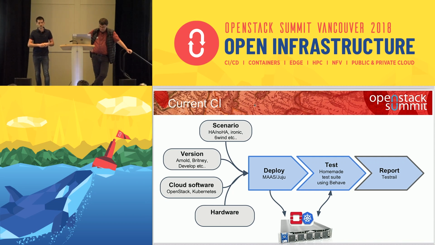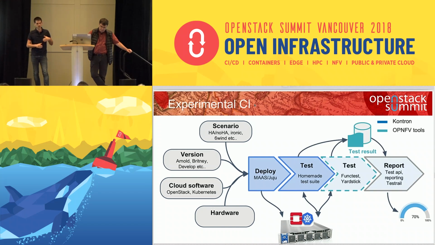Basically we use MAAS and Juju to deploy OpenStack or Kubernetes. And we have a homemade test suite. No, it's not an OPNFV test suite. And it covers a lot of tests like networking, hardware tests on MAAS and Juju, backup and restart, and many other things. And after that, we do a report. And through this continuous integration, we can then release a new version to sell to the customer.